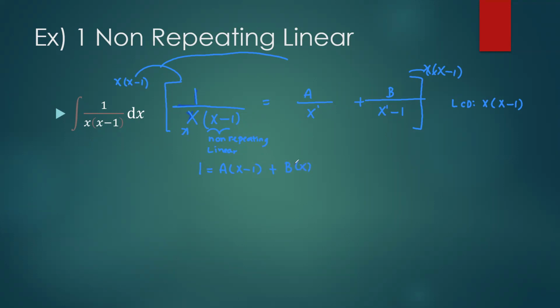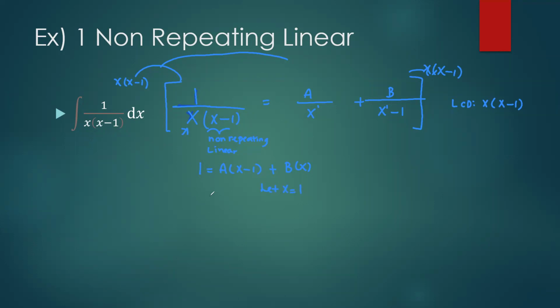Okay, and what I would do next is I wouldn't FOIL it out. What I would do is substitute a value for x. And I'm going to let x equal 1 for right now.